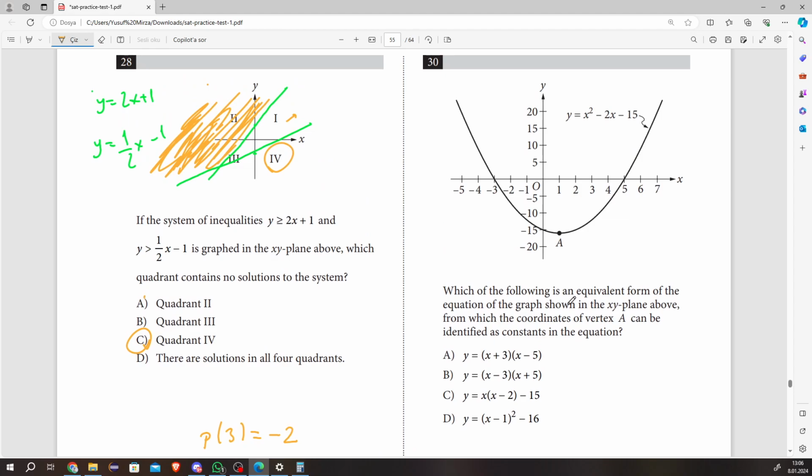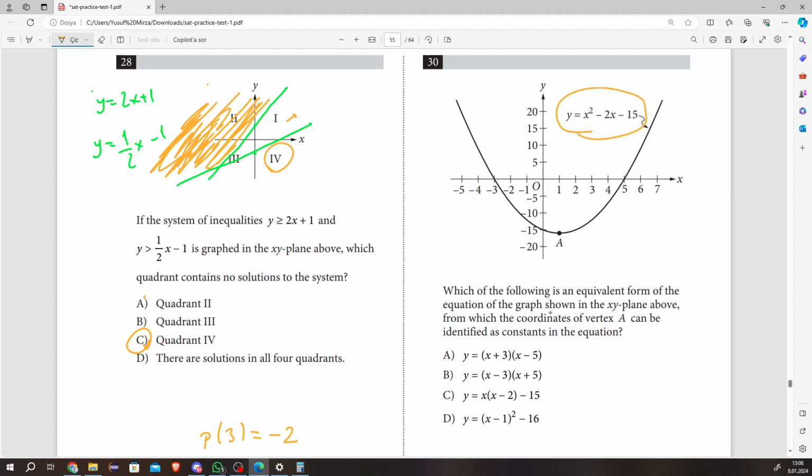But if I go from mathematics, I can manipulate constants of the equation. Vertex of A can be identified as a constant in the equation. Wow. Aren't we just looking for which of the equations equals this graph?